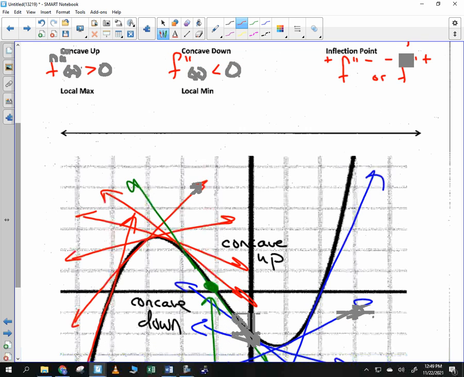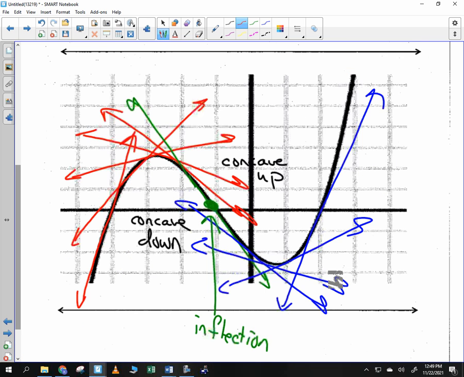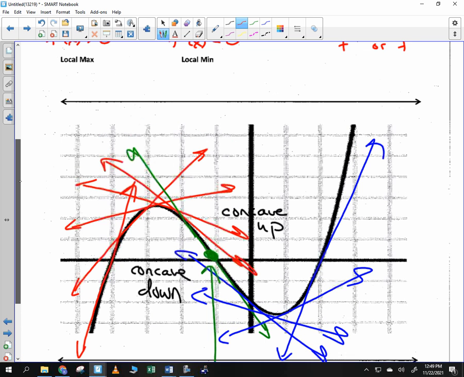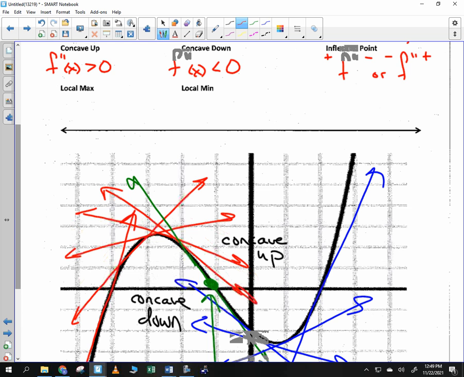Somebody tell me something about the second derivative and a local maximum. If there's a local maximum, the second derivative is negative, right?